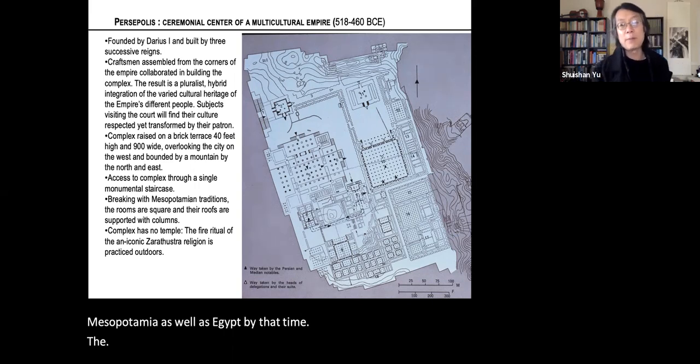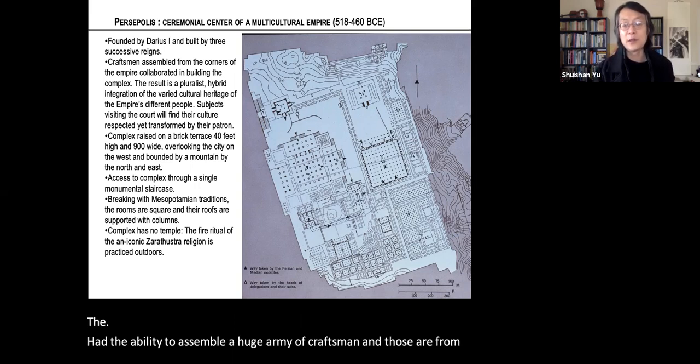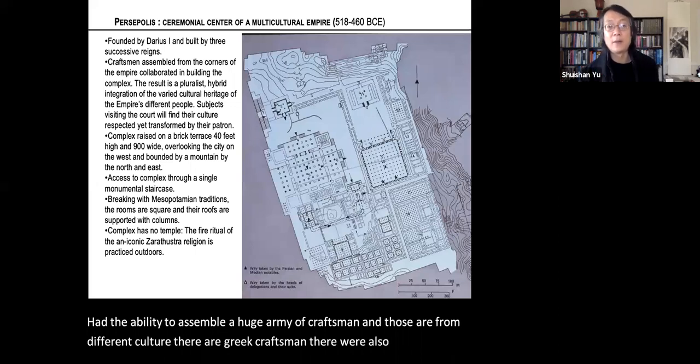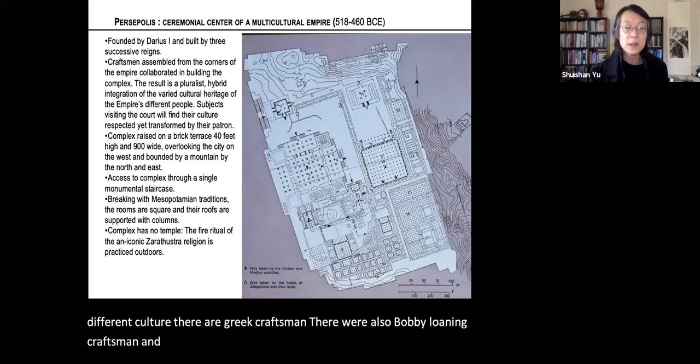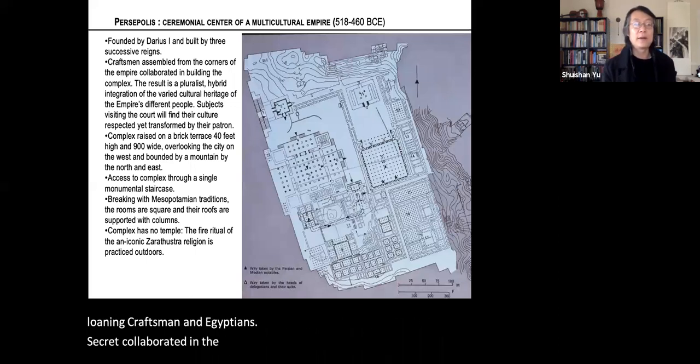So they had the ability to assemble a huge army of craftsmen from different cultures. There were Greek craftsmen, Babylonian craftsmen and Egyptians. They collaborated in the building of the complex.